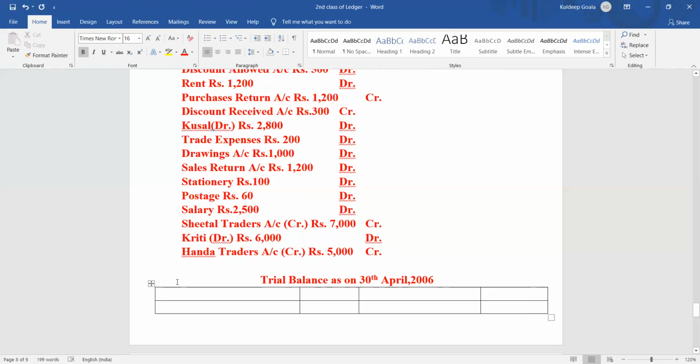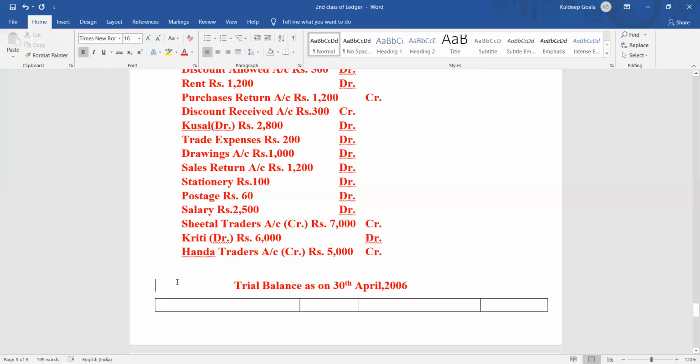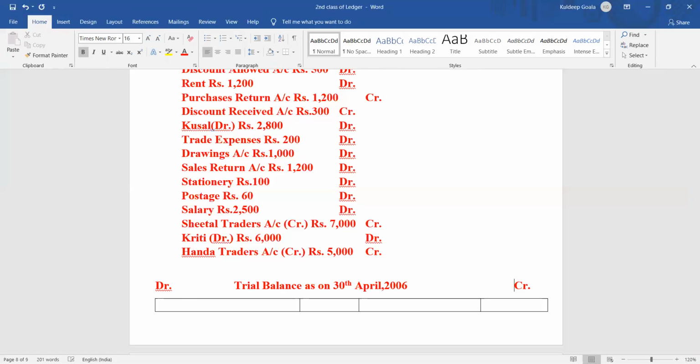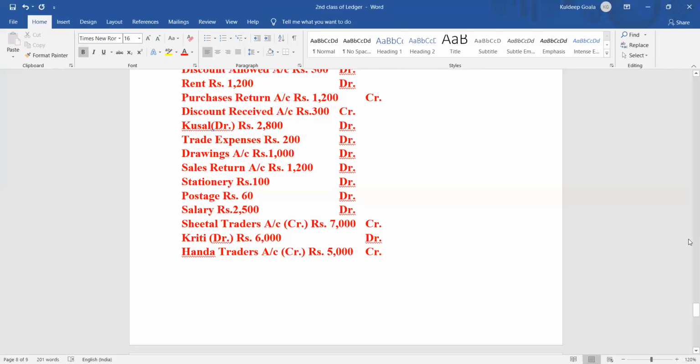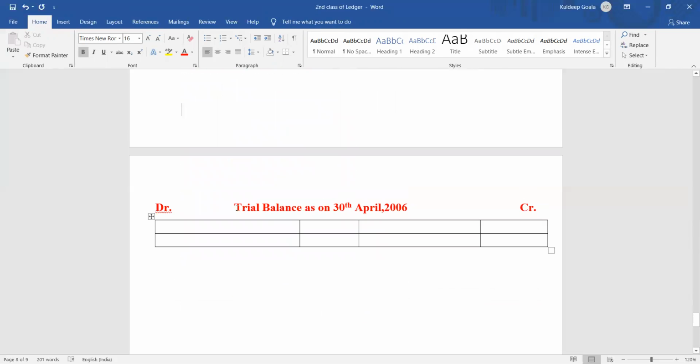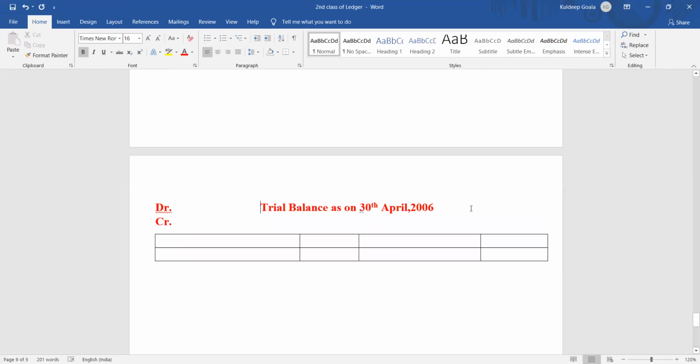This side you have to mention debit balance, and the other side you mention credit balance. Okay, this is how your trial balance will appear. I'm just showing it on the next page because of the lack of space. Okay, keep this one in the center, always keep this one in the center.